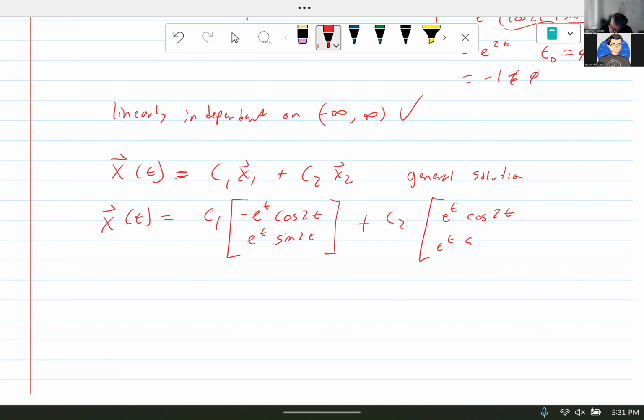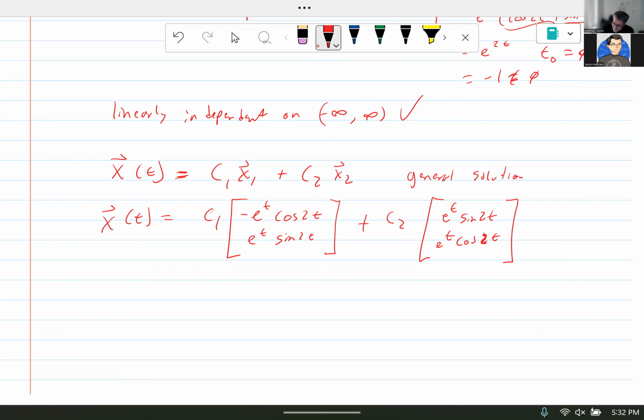I think that was reversed, actually. And this is the general solution.